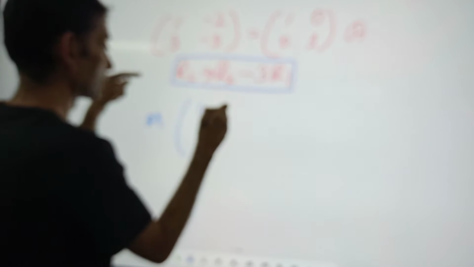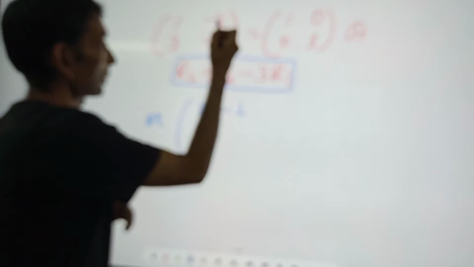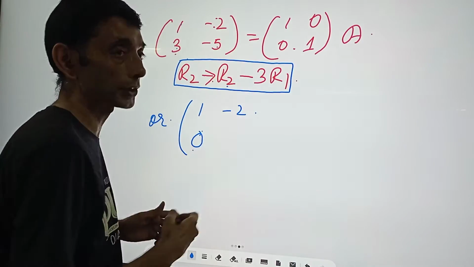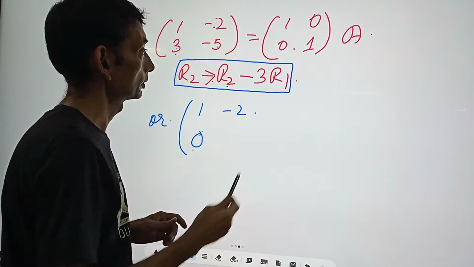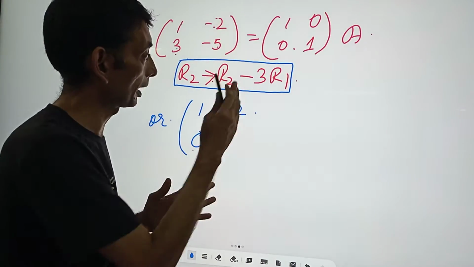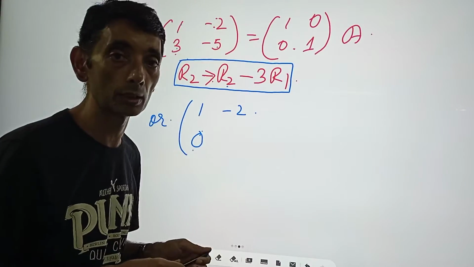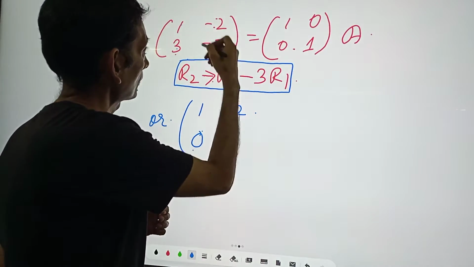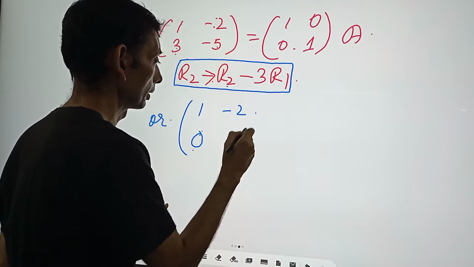There is no change in the first row, so we leave it as it is. If you multiply by 3 and subtract, it will be 0. And multiplying minus 2 by 3 gives minus 6, and subtracting gives plus 6, and minus 5 plus 6 is 1.